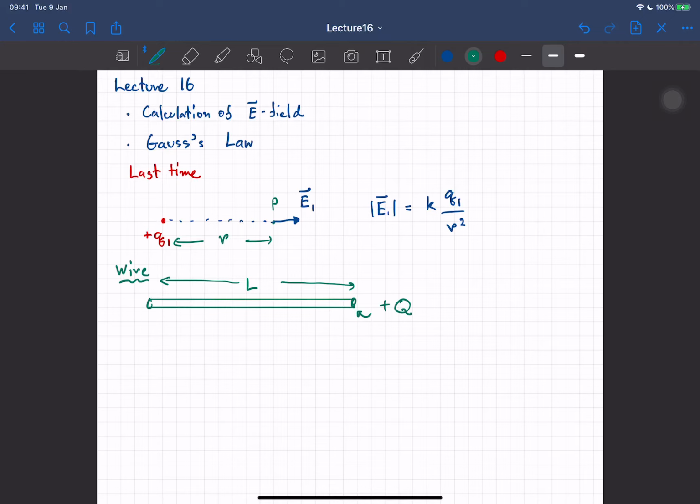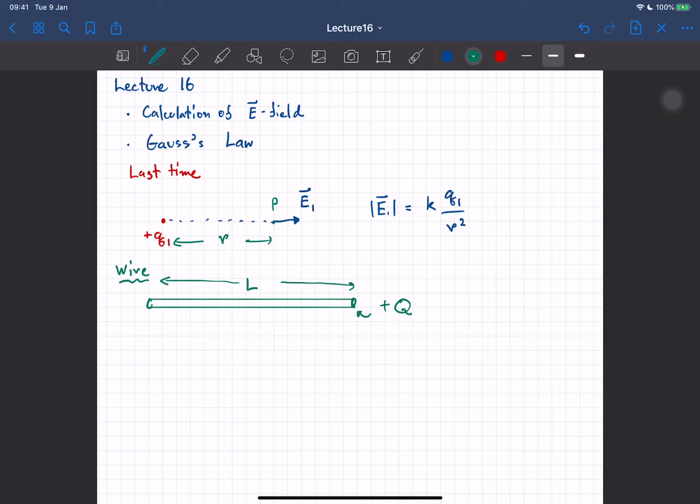But in any case, when you put the charge plus Q into this wire, which is made from metal, which is a conductor, and last time we talked about a conductor, we know a few properties. One is that the charge will distribute itself along the surface of the metallic object. So that's what we know.